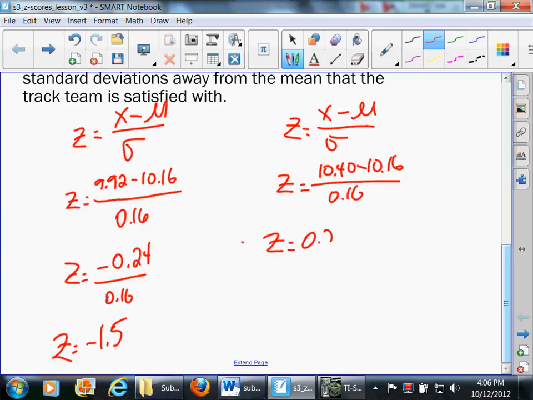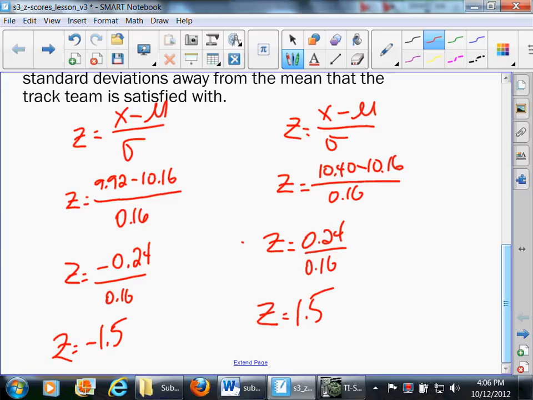So that's 0.24 divided by 0.16. The z-score is 1.5, so it's positive 1.5. So the track team is satisfied with times that are 1.5 standard deviations above and below the mean. Okay?